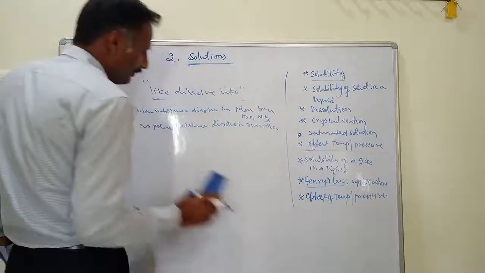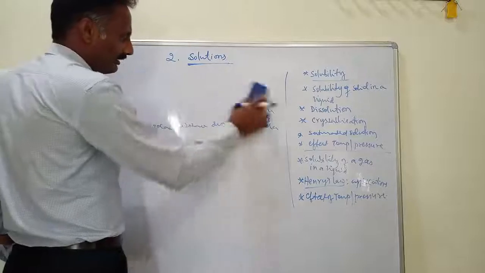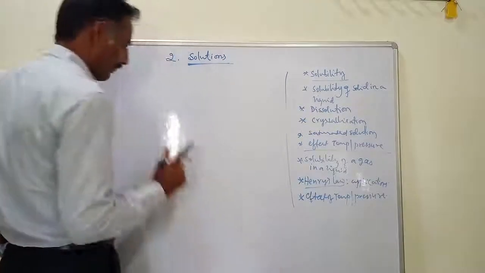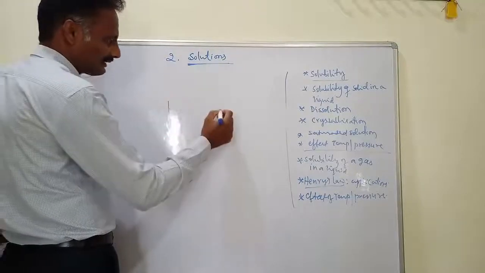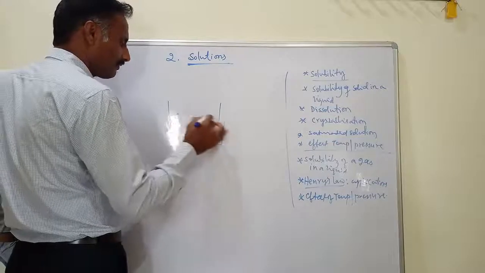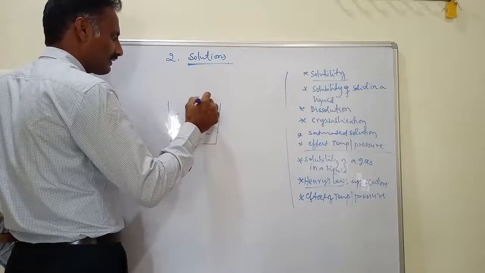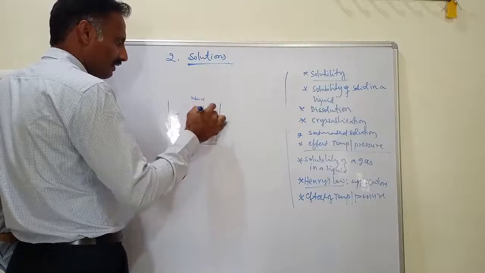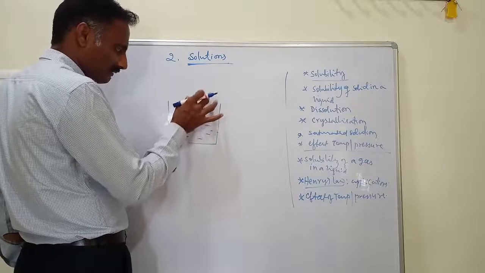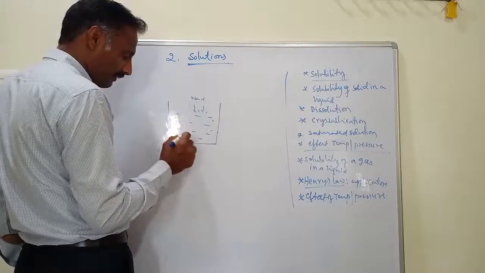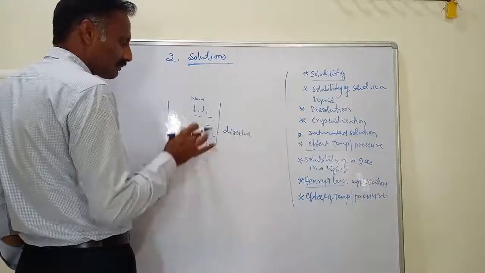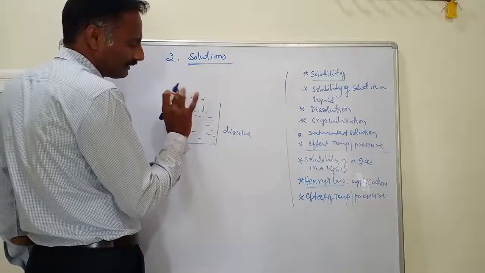Then, when a solute is dissolved in water, it undergoes dissolution. For example, this is water, and if you add sodium chloride to this water, initially the sodium chloride dissolves.